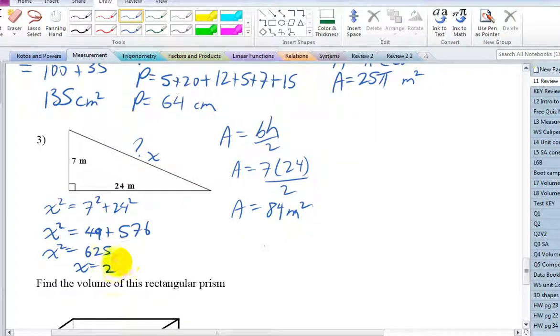So x equals 25. So in the perimeter, you add them all up.